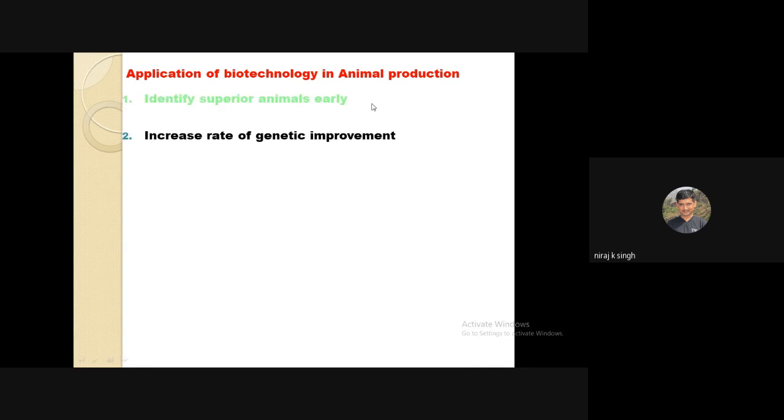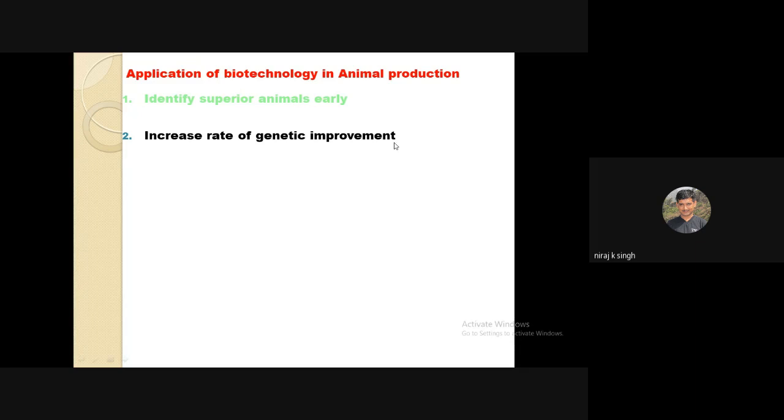Secondly, biotechnology can be used to increase the rate of genetic improvement. Traditionally, how is genetic improvement achieved? The normal breeding process is too lengthy. It takes a long time to get one generation's calf and for it to become mature. At least 7 to 8 years are required.